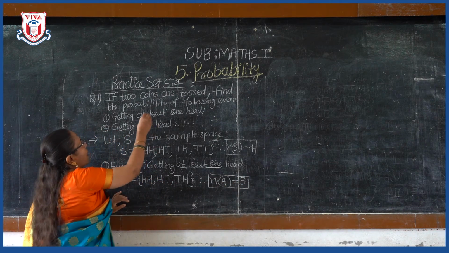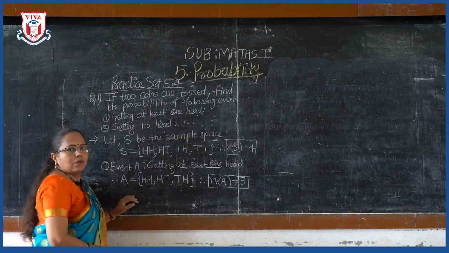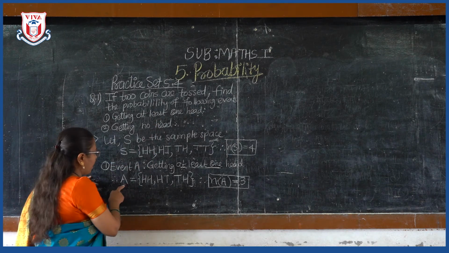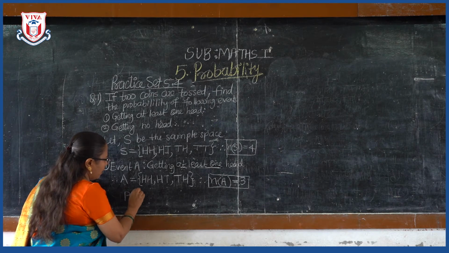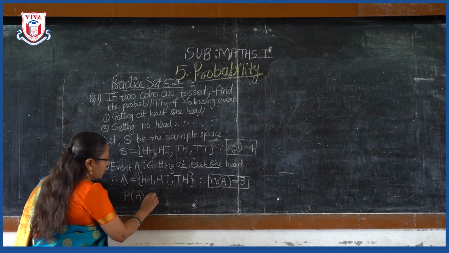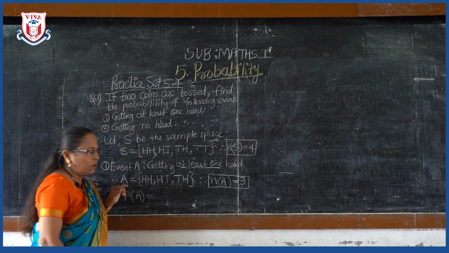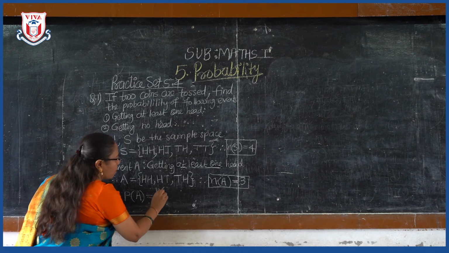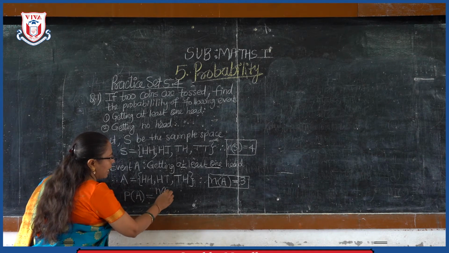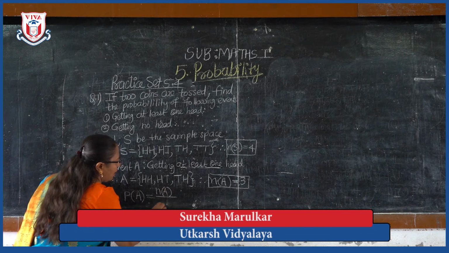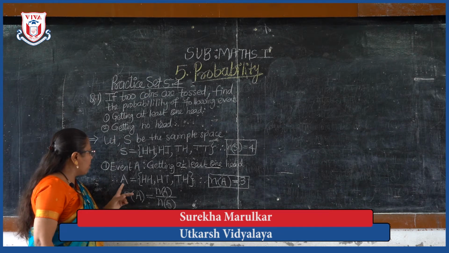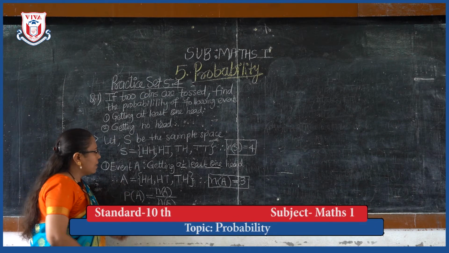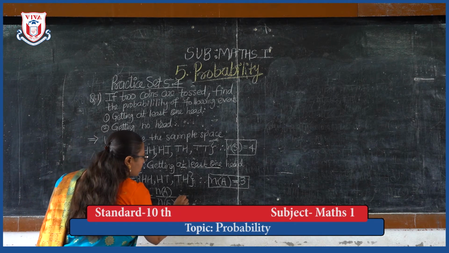Now we have to find the probability. The formula for probability of event A is P(A) = n(A) upon n(S). Now substitute values.